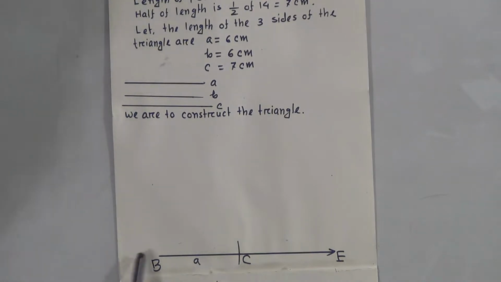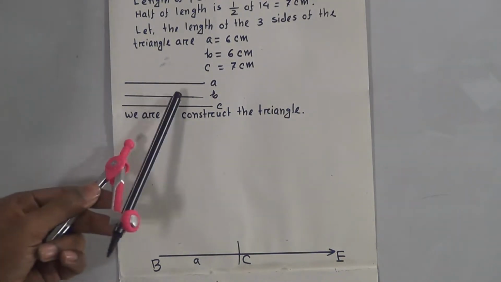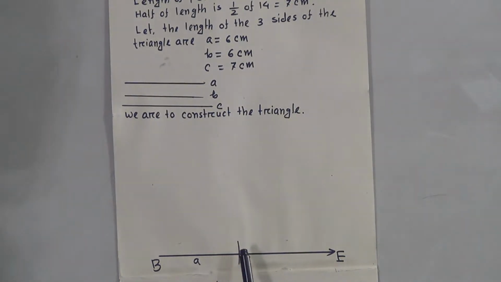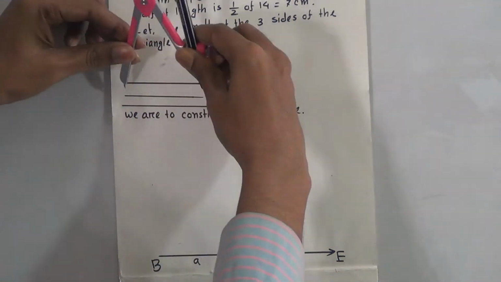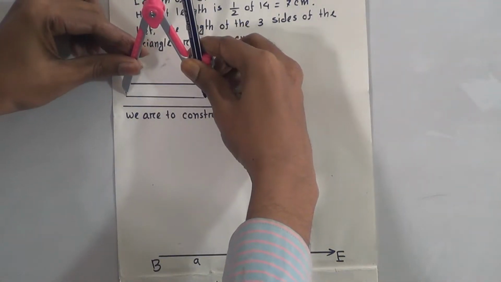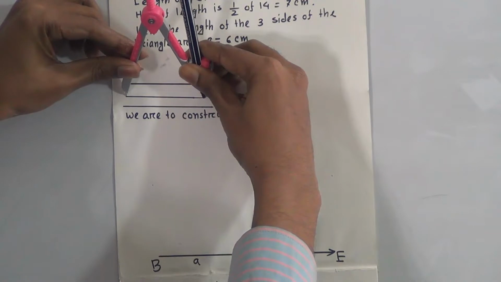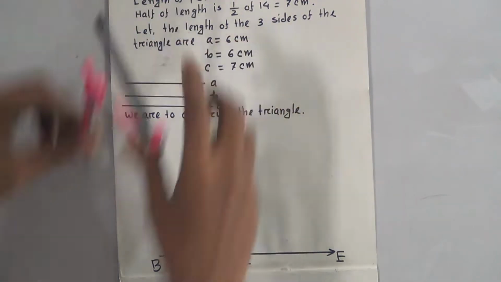Now taking B and C as a center, taking B as 6 centimeter and taking C, you take 7 centimeter, and you draw the two arcs in the same side of BC. Okay, how can you see? At first you see this is the 6 centimeter.